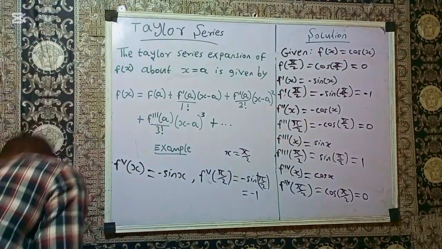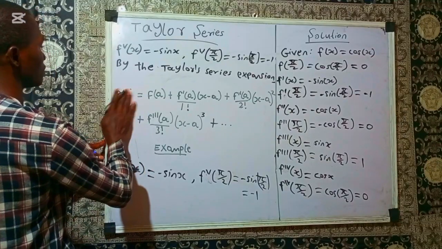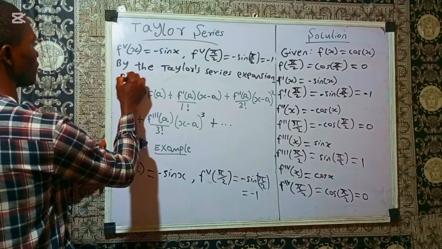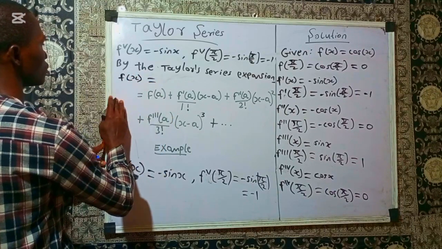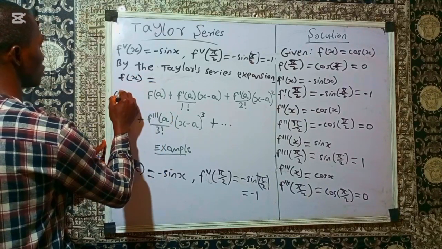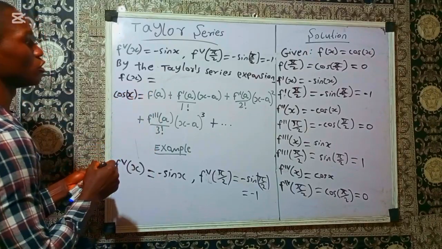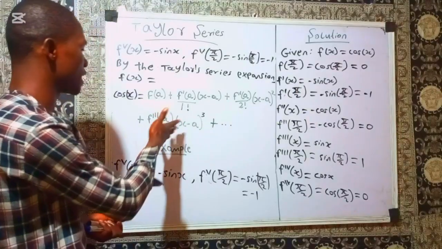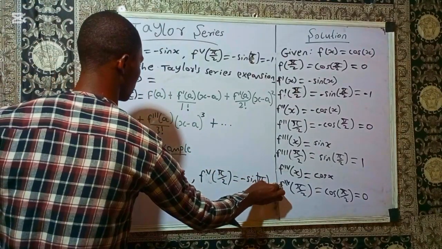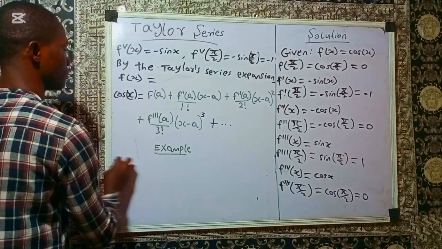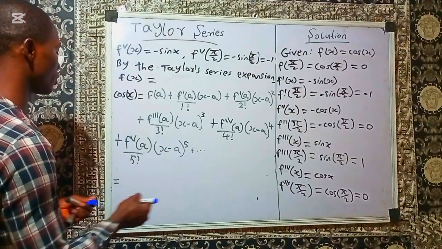So we are good to go. By Taylor series expansion, f of x, which equals cosine x, equals. So let's make use of this expansion I've written down here. So I will extend this expansion. So we can substitute the points, right? Let's substitute the points.